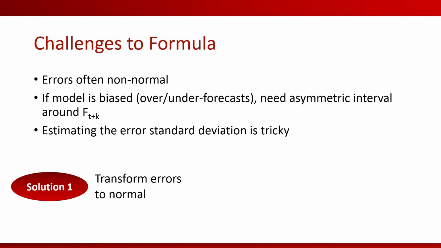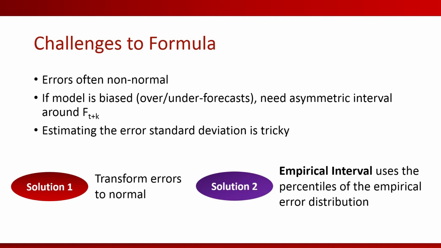What can we do? One option is to take the errors, and if they really look like they're non-normal, do some kind of transformation. Something like a log transform, or if you know what the Box-Cox transformation is, you can try that. A different solution is to build an empirical prediction interval, basically looking at the distribution of the errors and then finding percentiles of that distribution that will give us a 95% prediction interval.